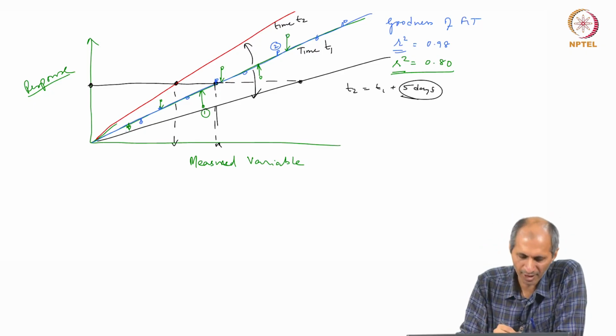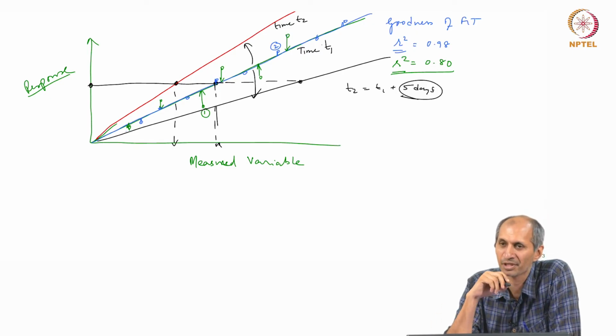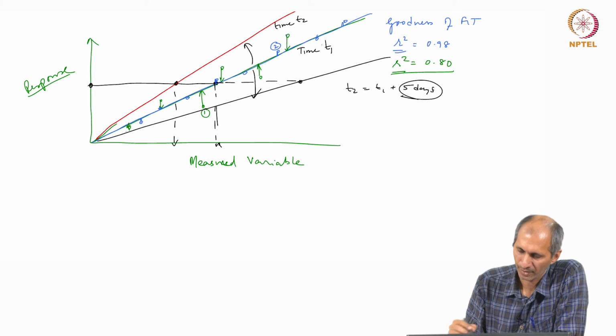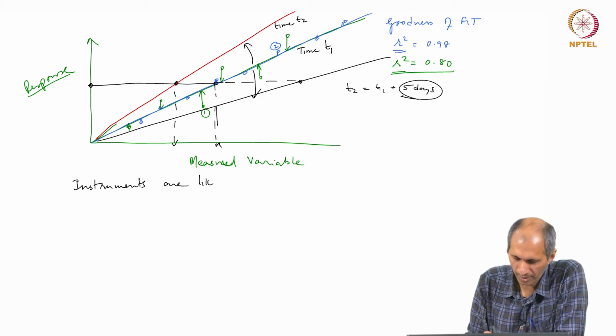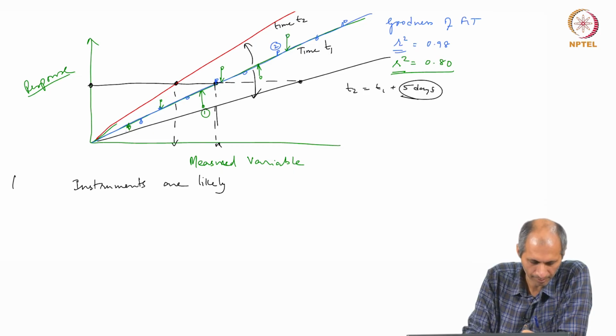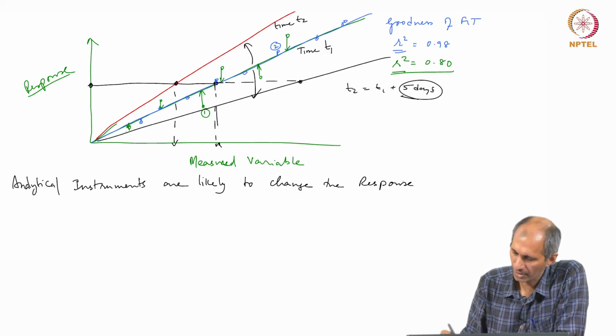Now, let us say I have established this blue line as the calibration equation. How can I check if the calibration still holds good after 5 days? Analytical instruments change their response with time.